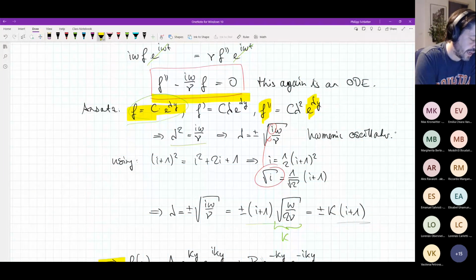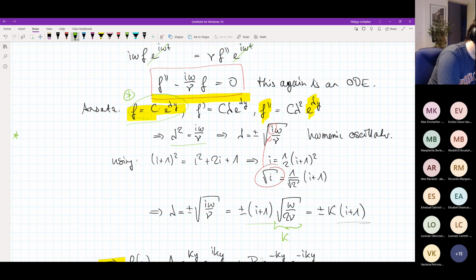If I put f and f double prime into this ODE, I can quickly do that just to show it. I put in c lambda squared e to the lambda y, that's the f double prime, minus i omega divided by nu times f, and f is c times e to the lambda y.